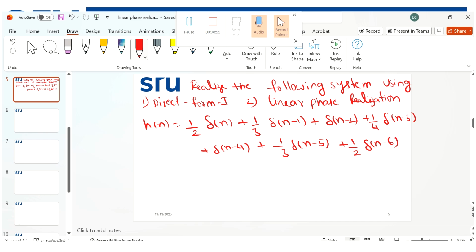So this is our shifted impulse response. Del of n is the impulse response, that is equal to 1 for n equal to 0 and 0 for n not equal to 0.